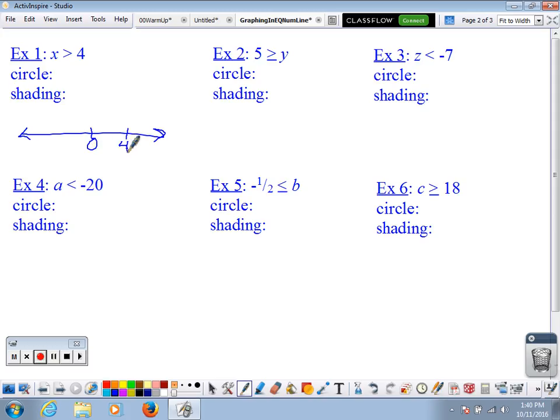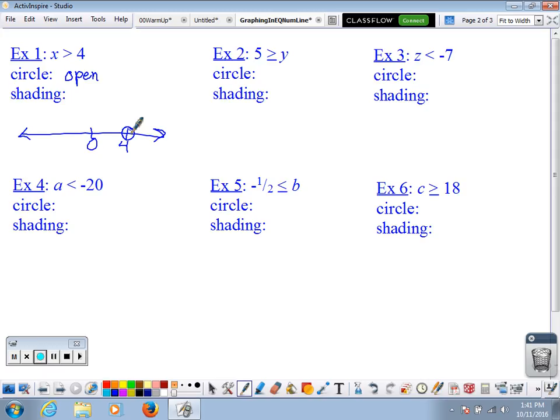And here's 4. Now, this is just greater than. I look over here, greater than. And I see if we're using greater than, then we use an open circle. So my circle on that 4 is going to be open. We'll draw an open circle at that 4.